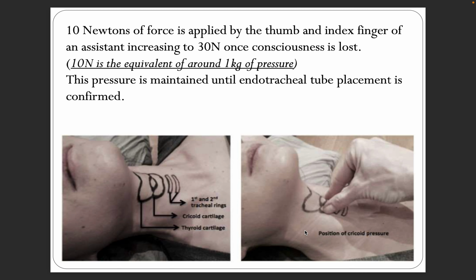As you can see in this diagram, this is the first and the second tracheal ring, this is the cricoid cartilage, and this is the thyroid cartilage. Our pressure is exactly at the cricoid, with the index finger and the thumb. So it is at the level of the cricoid cartilage. This pressure is maintained until the endotracheal tube is confirmed, and after that the cricoid pressure is released.